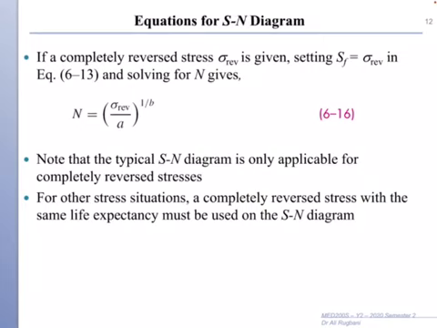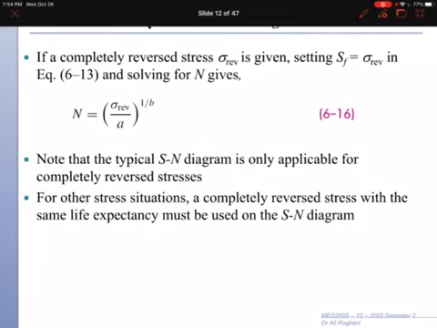Okay, so everything that we learned here, this method, the strength life method, can only be used when we have completely reversed stresses. Completely reversed stresses means that we have a machine part or an element or a beam or whatever that is subject to stress that is positive and negative certain value.